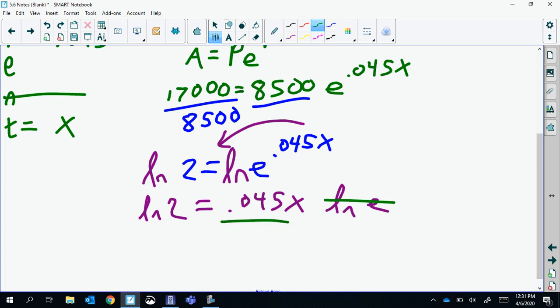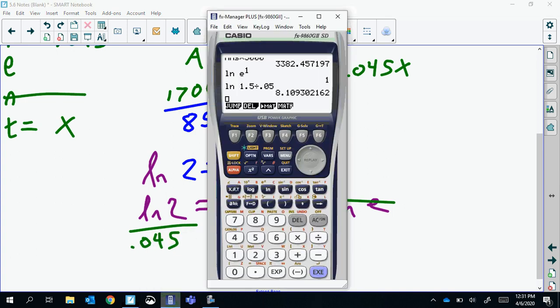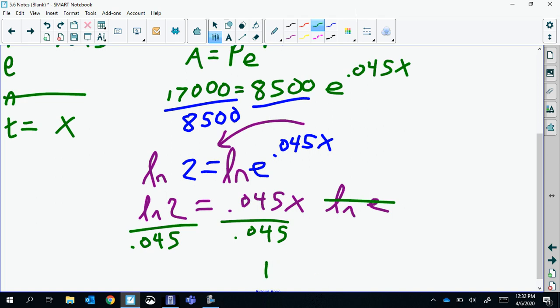So divide by 0.045. So it's 15.4. And again, that was for t, so that's years.